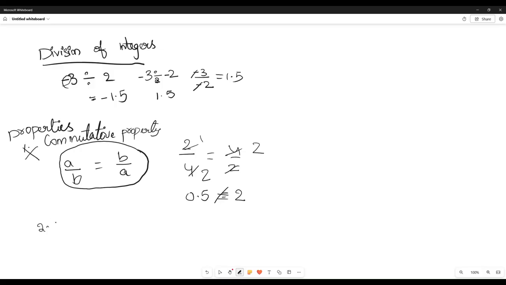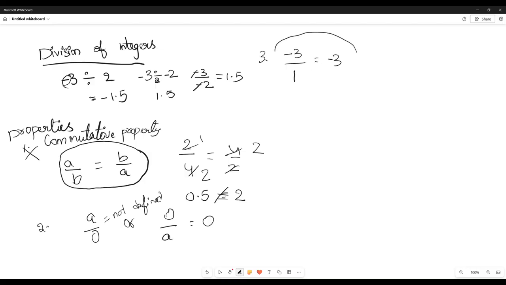Again, the second one. If you divide with 0, A divided by 0 or 0 divided by A. When A is divided by 0, it is not defined. When 0 is divided by A, it is equal to 0. And the third one, when we divide an integer by the number 1, we get the same number.